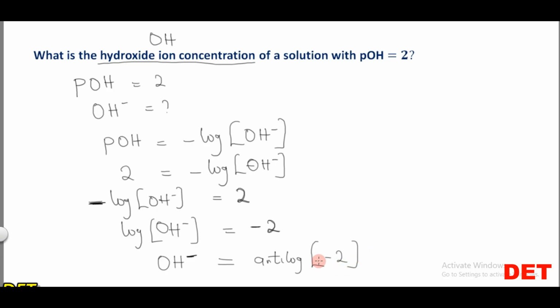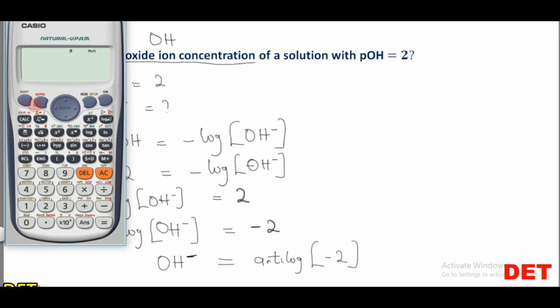So what is the log inverse of minus 2? I'm going to bring out my calculator. I will press shift and then press log, which gives me the log inverse or the anti-log, and then put in my value, minus 2.